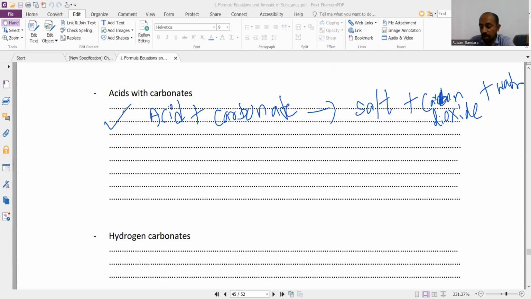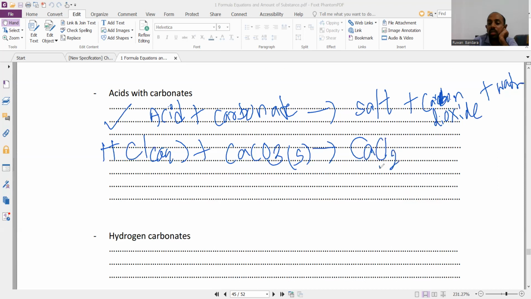Now, examples are very interesting, right? Let's take hydrochloric acid as an example and calcium carbonate, which gives calcium chloride plus carbon dioxide plus water.